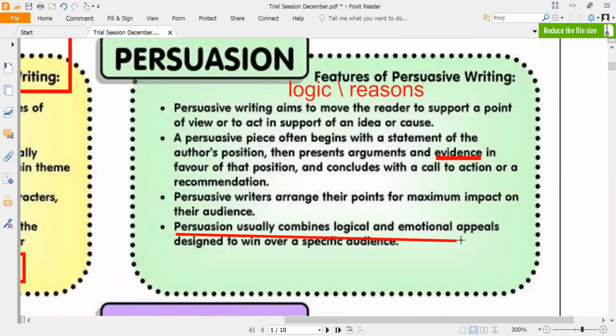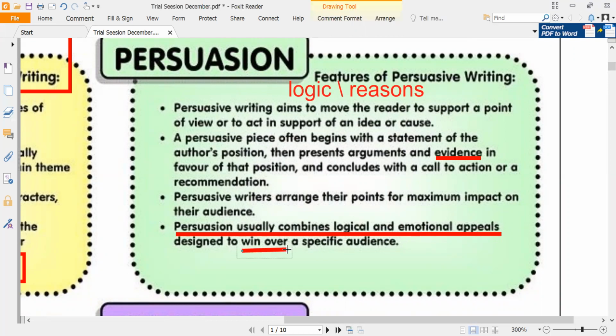Okay? Persuasive writing usually combines logical and emotional appeals designed to win over a specific audience. Win over, this is the accurate meaning of persuade. To win over the audience, meaning the reader. Like you are a reader, so you are the audience.